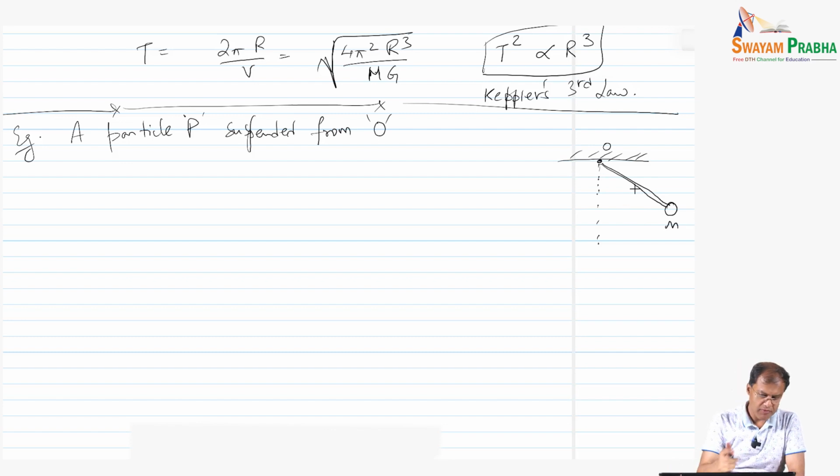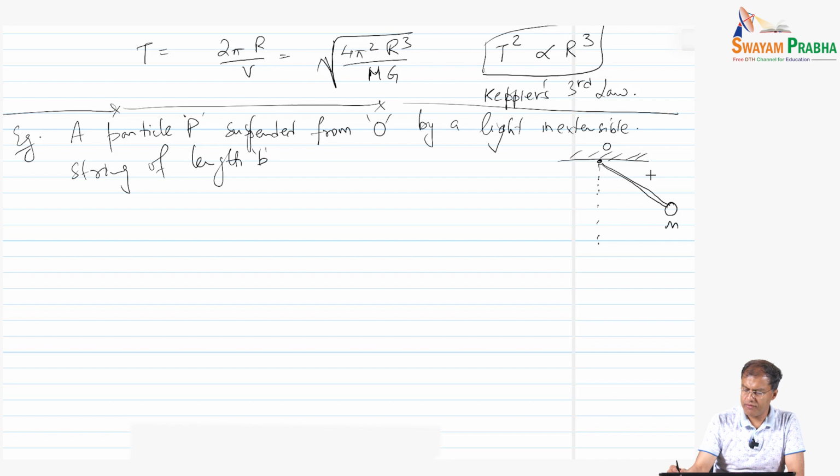So we have a particle P suspended from O by a light inextensible string of length b.